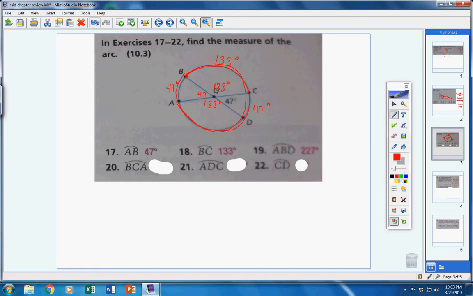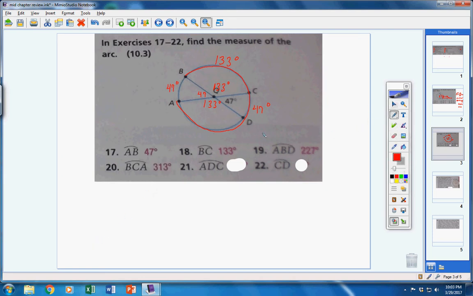A complete circle is 360. So really, I'm going from here to here, and the only thing I'm missing is this arc here. So just take 360 minus 47, and that would give you 313 degrees. Now, if you want to take 133 plus 47 plus 133, that's fine, and you will get 313 degrees. But it's faster to just subtract.